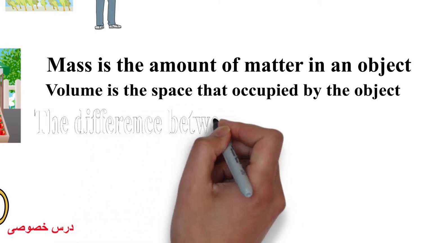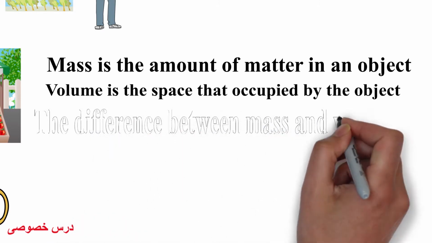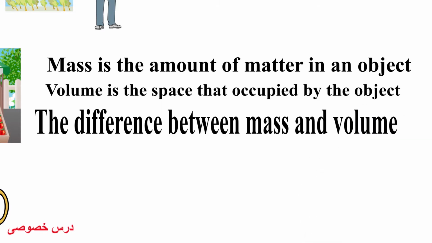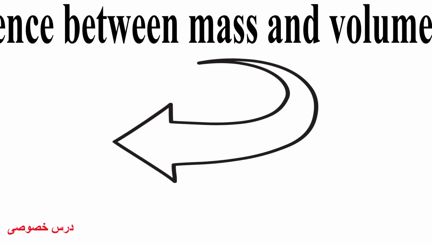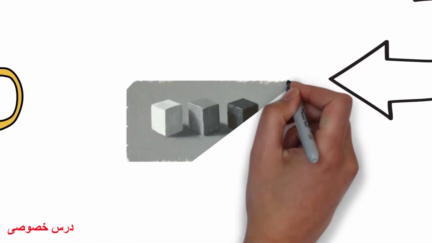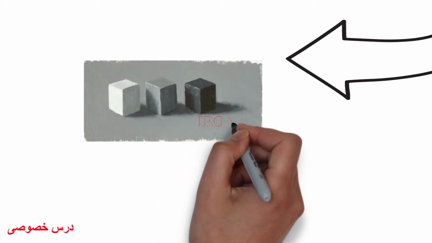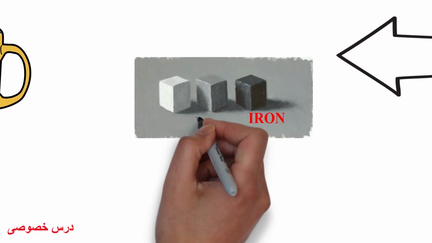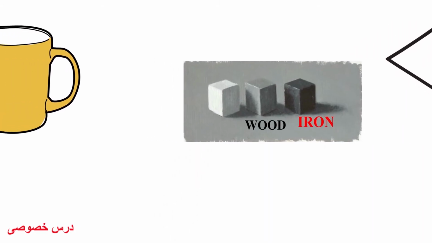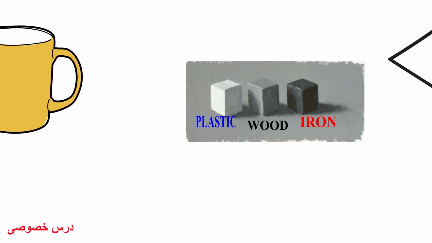Also, to know the difference between the mass and volume, let's see. If we have 3 cubes with the same shape, one of them made of iron, the second from wood, and the third made of plastic, they have the same shape and volume, but they have different masses.